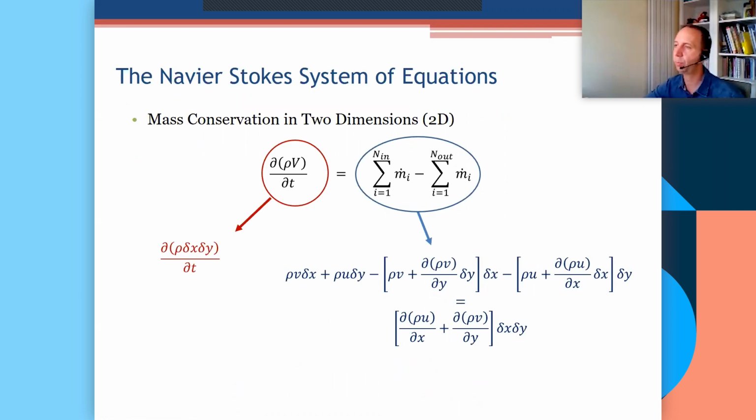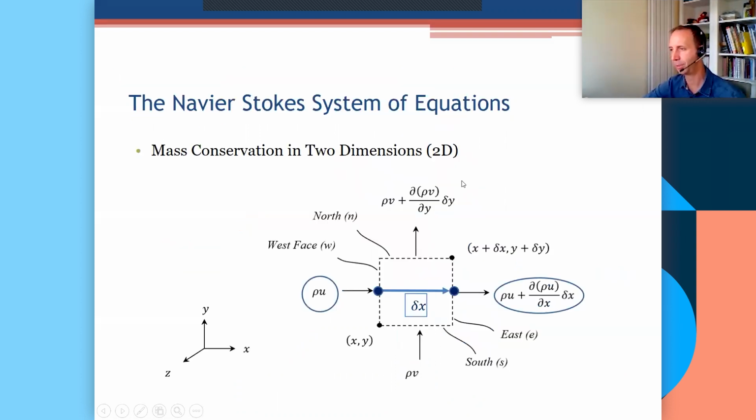Let's go and look at what we had as a principle of mass conservation. The total amount of mass into, and we took the positive mass flow rate, total amount of mass going out. So let's go back to the sketches from the previous one. What goes in if rho u is positive is this and this.